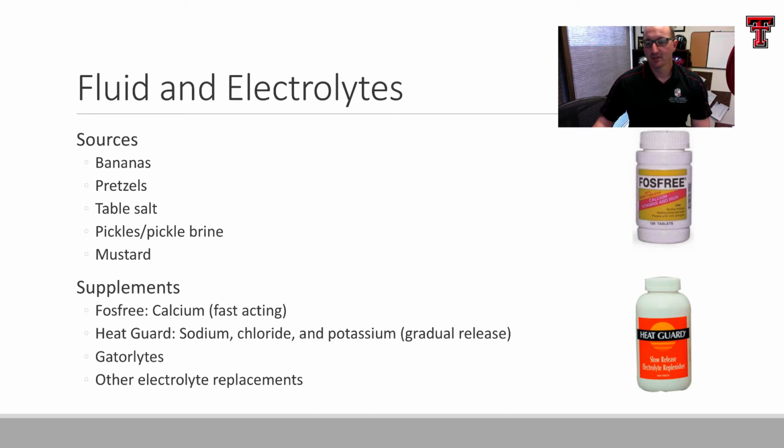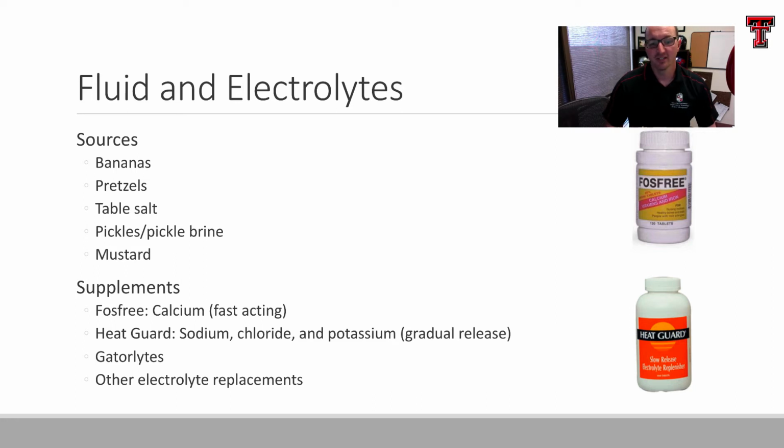As far as supplements go, a couple of commonly used ones. One is Phosphorus, which is primarily calcium, and this is going to be a fast-acting supplement. So I'll use this one if I've got an athlete who's starting to stretch out and starting to tighten up. Phosphorus is a quick one to kind of get them under control.